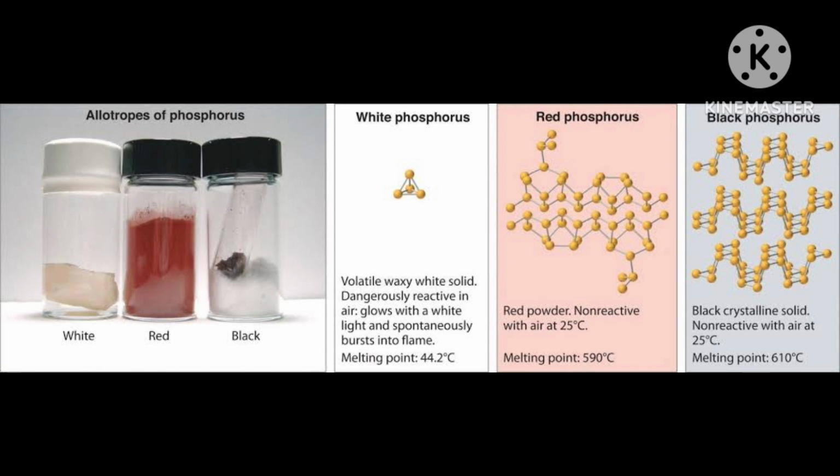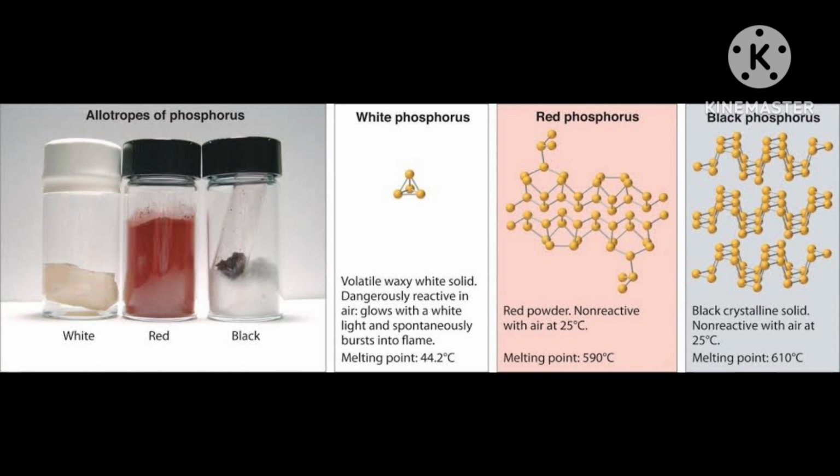This is a very important difference. White phosphorus is poisonous, but red phosphorus is non-poisonous.